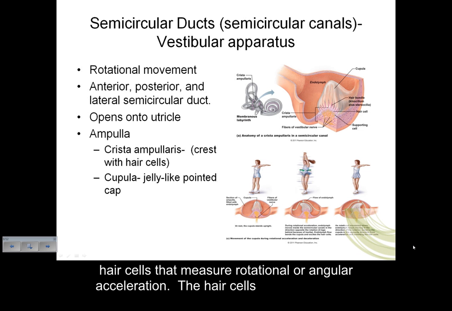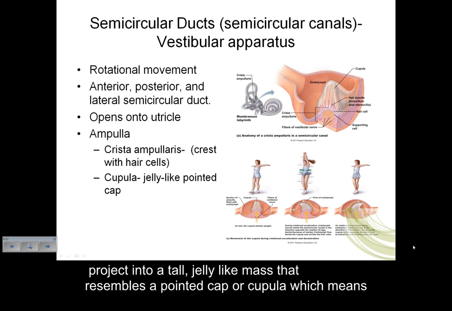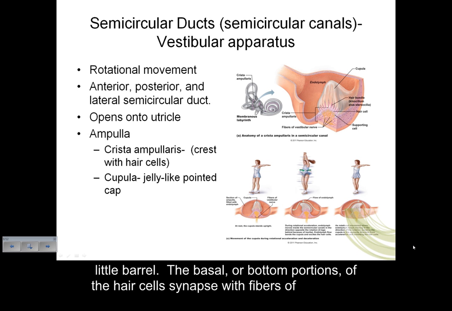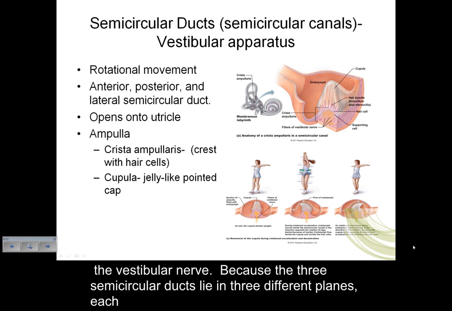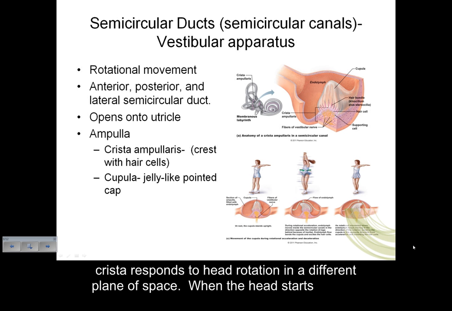The hair cells project into a tall, jelly-like mass that resembles a pointed cap, or cupula, which means little barrel. The basal, or bottom portions, of the hair cells synapse with fibers of the vestibular nerve. Because the three semicircular ducts lie in three different planes, each crista responds to head rotation in a different plane of space.